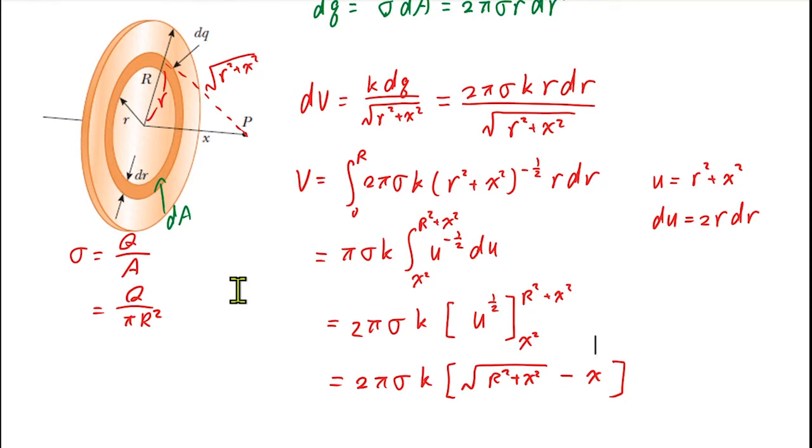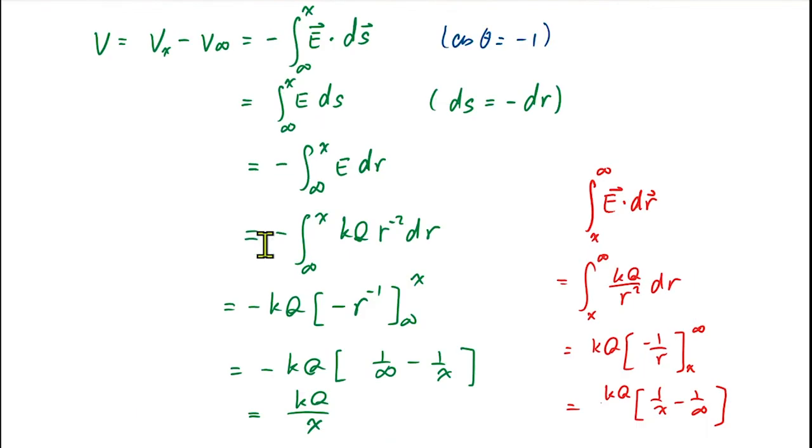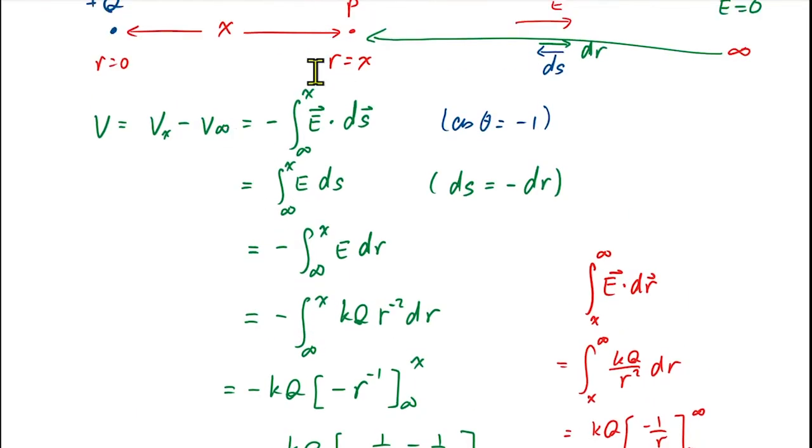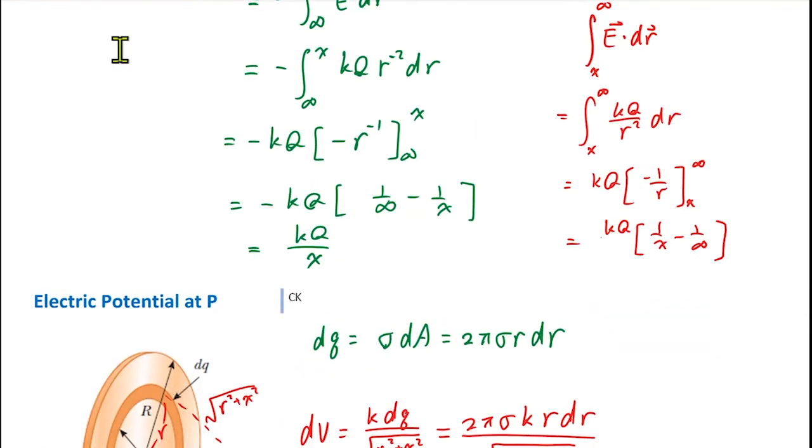Now, but then there's another way of calculating this. And that's exactly what I did up here. Instead of point charge here, we are going to place that disk here and do exactly the same thing.